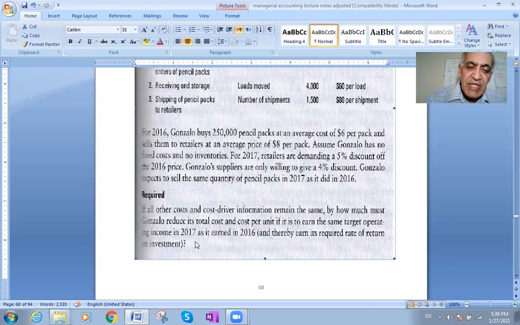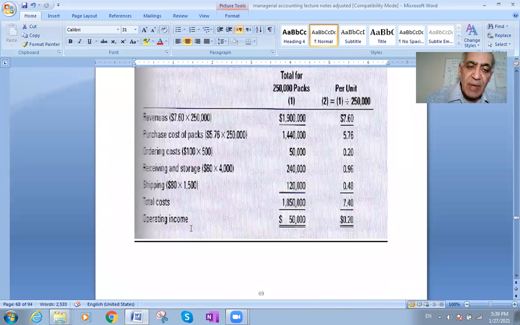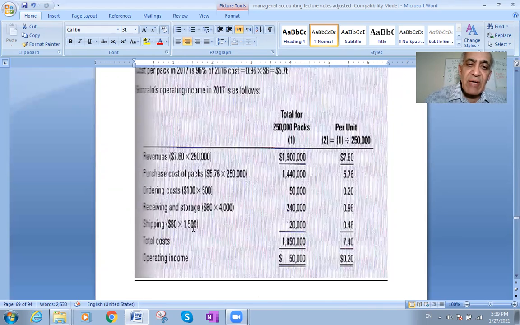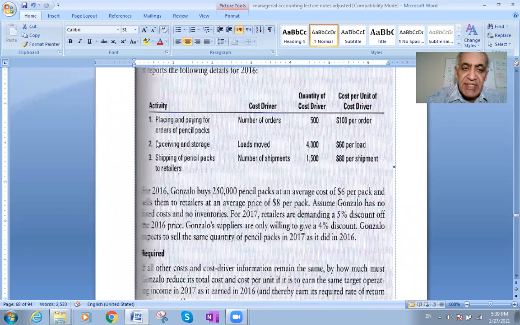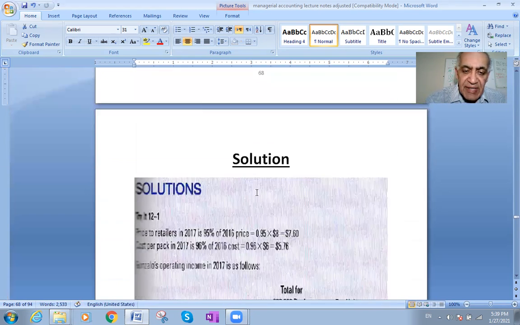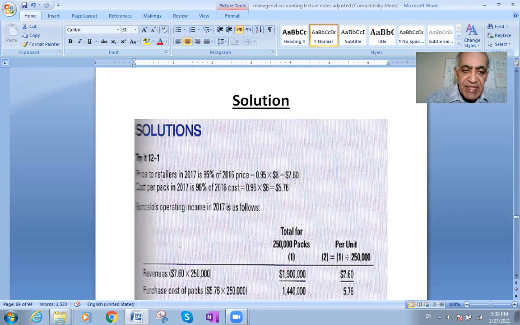So what we need to know first is how to get the operating income. How will I get the operating income? The example says the price to retailers in 2017 will be 95% of 2016's. The price in 2016 was $8 per pack, so 95% of it is $7.6.